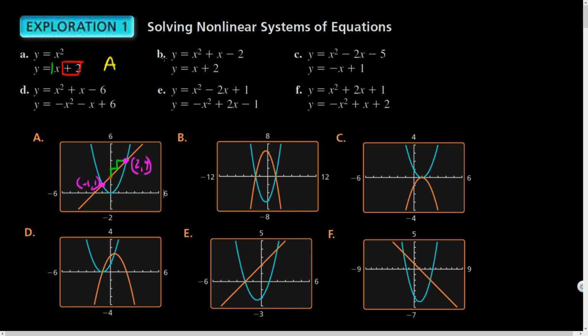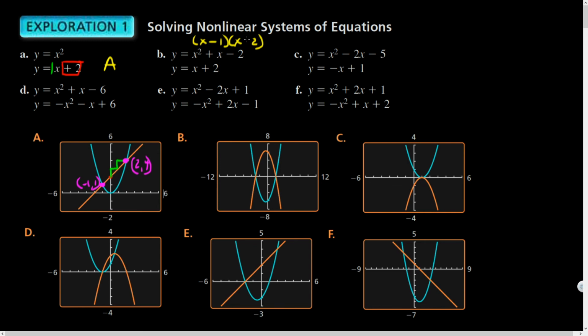All right, here we go. Here's another, the second equation is a line again, same line as that one. And so it looks like this, and y equals x squared plus x minus 2. That factors to be an x with a 1, x with a 2. And I'm thinking about this as far as x-intercepts of this parabola, and I know it's a parabola because of the squared. And so it would be what?